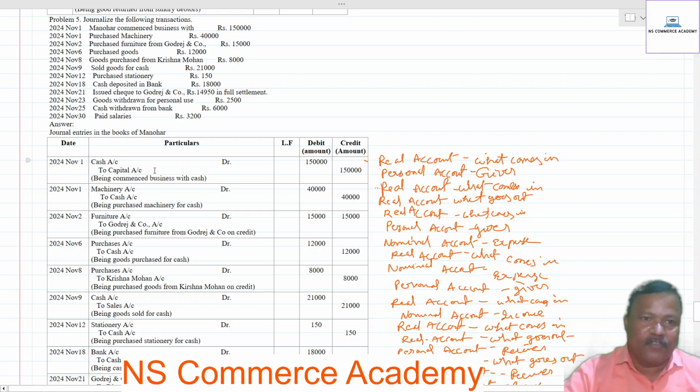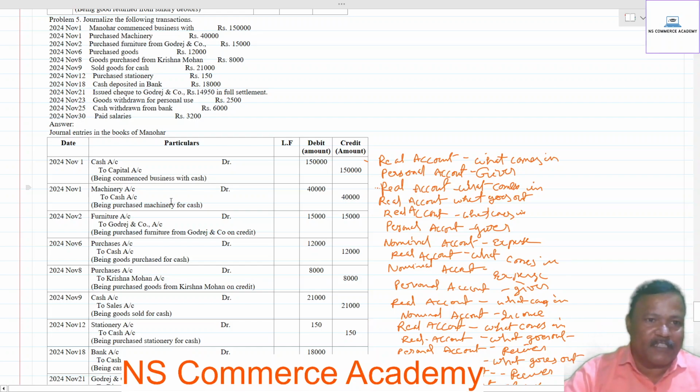And for the personal account, the rule is: receiver debit, giver credit. Capital is giving, so we are crediting it. So the entry is: Cash account debit 1,50,000 to Capital account 1,50,000. Narration: being commenced business with cash.